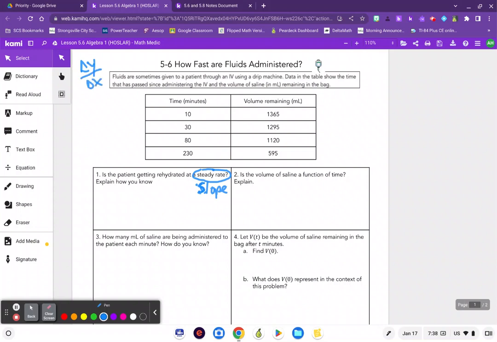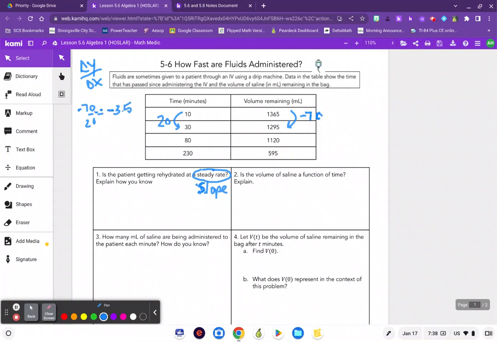So for the IV bag to be dripping at a steady rate, my change in y here, which if I calculate that is minus 70, over my change in x here, which is 20. I'm going to do negative 70 over 20. If I calculate that, I get negative 3.5.